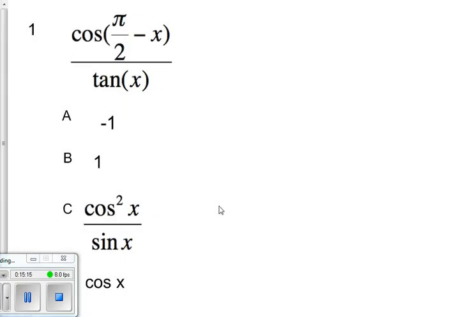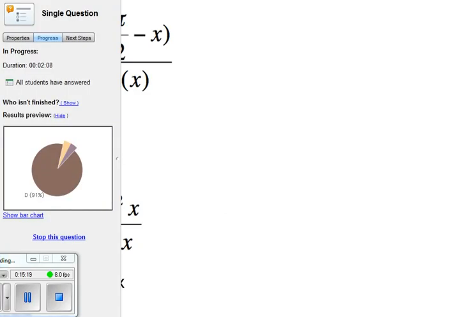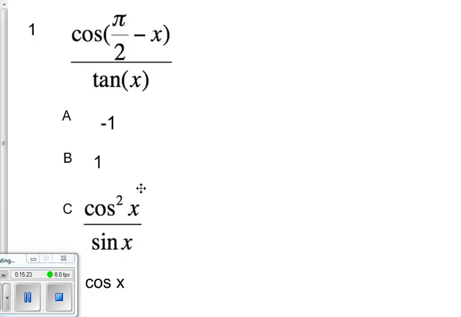Okay, everyone's answered. Let's go over it. First of all, I need to unfreeze. 91% of you got it. Cool. It's kind of an A minus. So this is probably one of the easier ones that you're going to see. Cosine's co-partner, and then tangent.